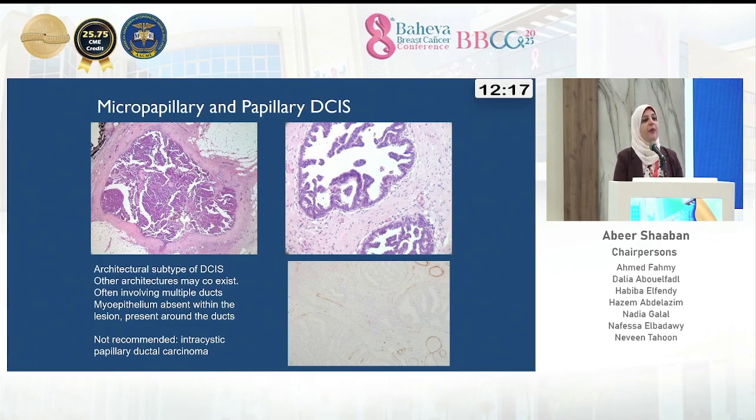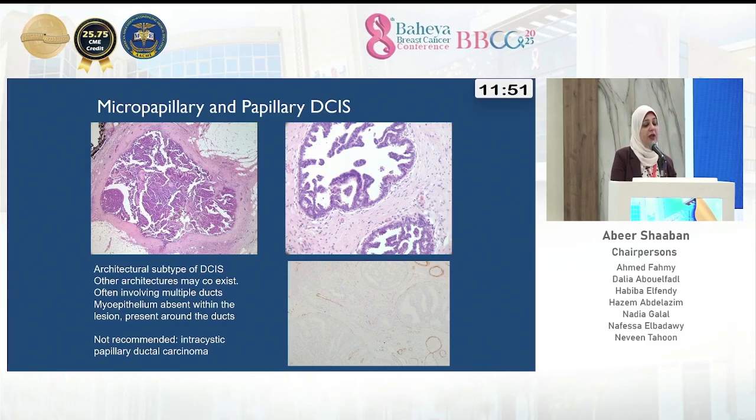What about micropapillary DCIS and papillary DCIS? Micropapillary is similar to papillary, but it doesn't have fibrovascular cores within it, while papillae will always have the connective tissue core. And it's usually multiple and several other ducts are associated. So you normally have papillary, micropapillary, cribriform, bridges.